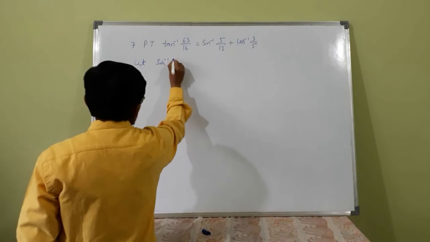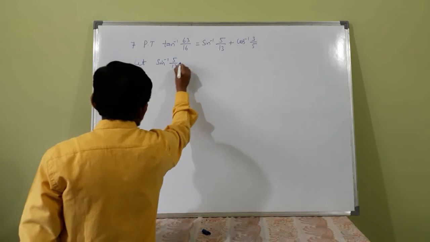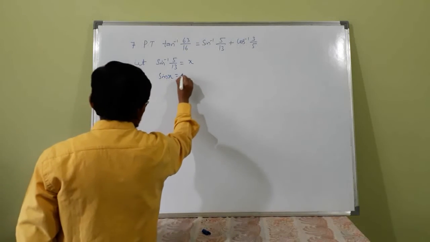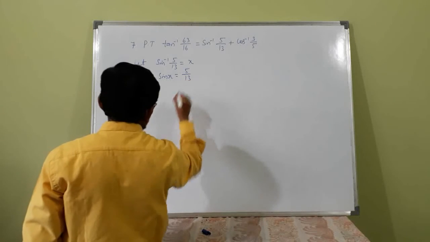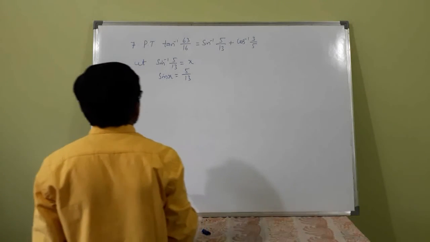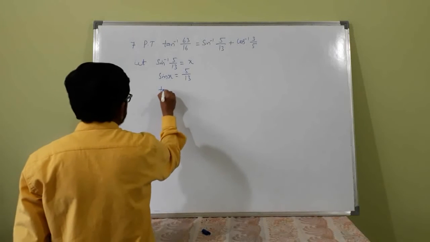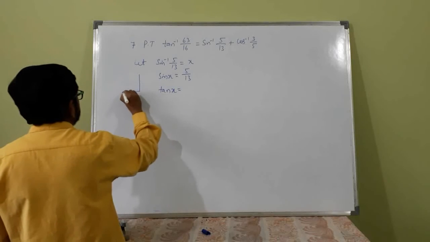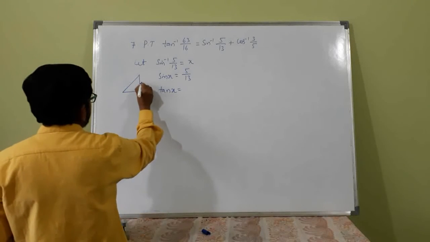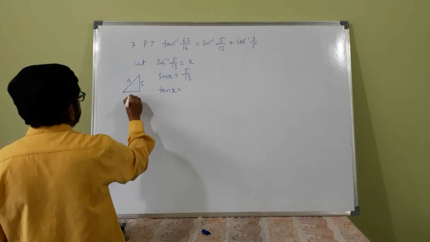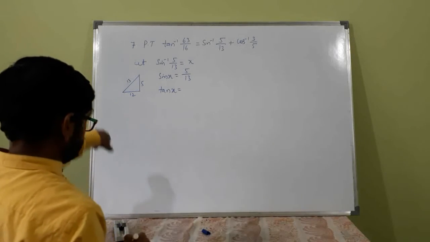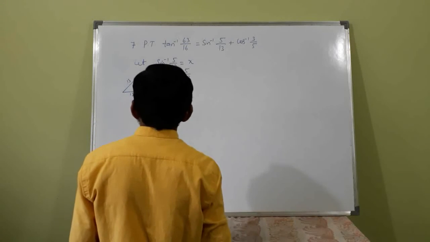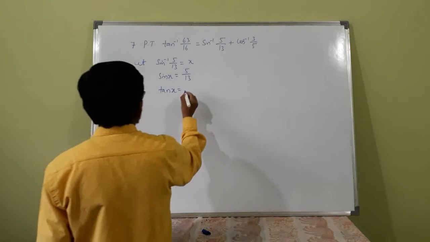sin inverse of 5 by 13 is equal to x, then sin x is equal to 5 by 13. So 5 by 13 means tan x is equal to what? So if it is 5 and this is 13, other should be 12, isn't it? 169 minus 25, that is 5 by 12.